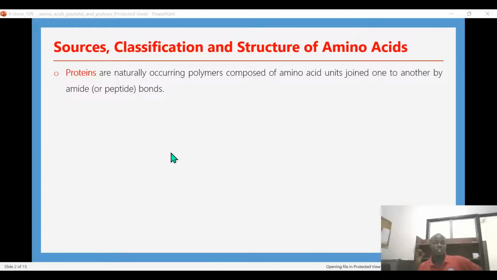As you can see from the slides, proteins are naturally occurring polymers composed of amino acids joined to one another by an amide or a peptide bond.